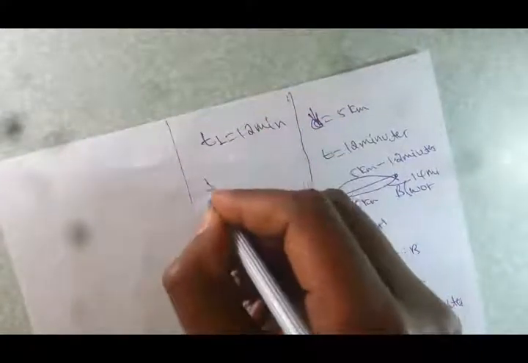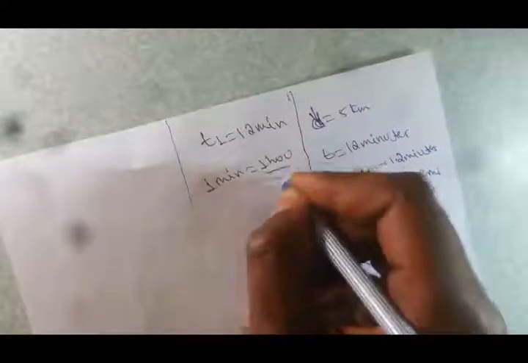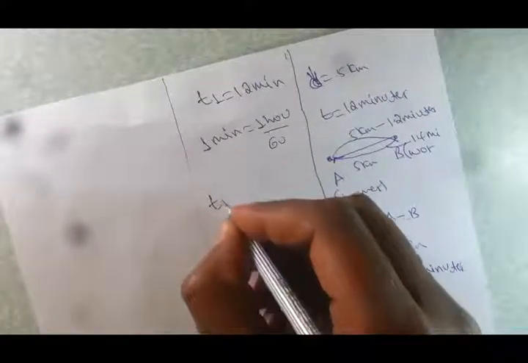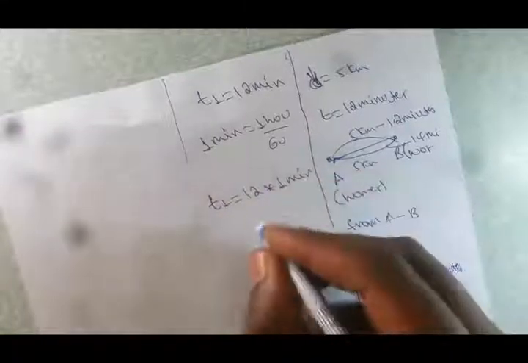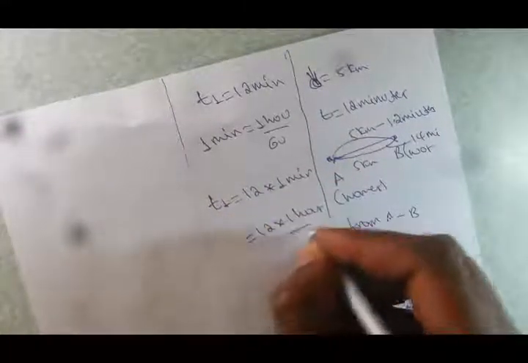And we know that T1 is given as 12 minutes, and 1 minute is equal to 1 hour over 60. Therefore, T1 can also be written as 12 times 1 minute. This is equivalent to 12 times 1 hour over 60.